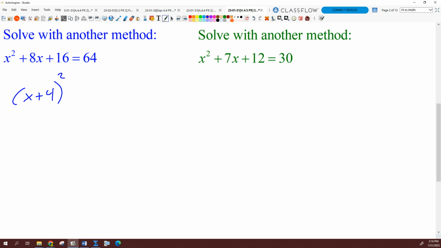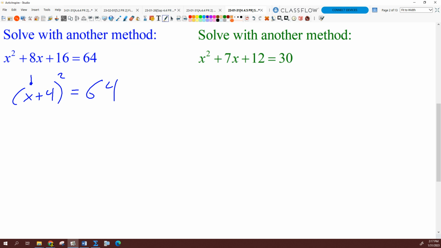So x plus 4 squared equals 64. Aha. Now that looks different, right? All of a sudden we changed to a situation where we can point to a single x, right? We don't have to solve by factoring anymore. Now we can solve by isolating. I can point to a single x.